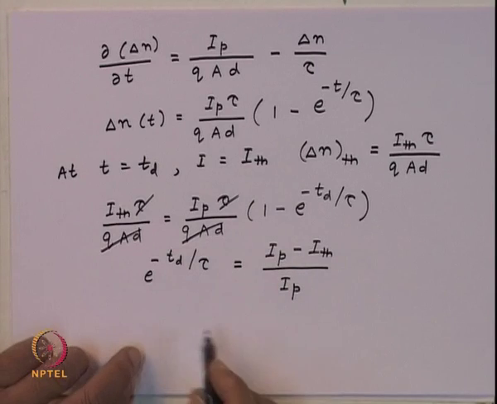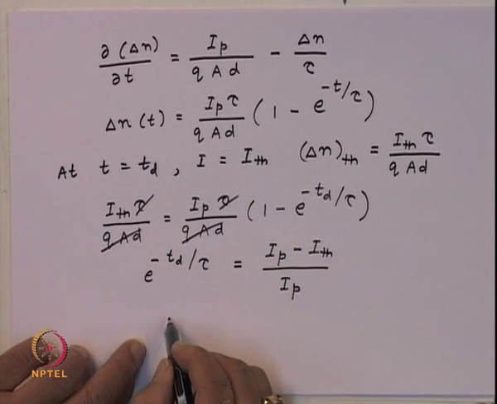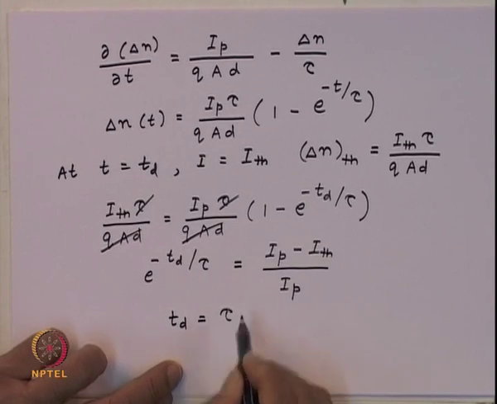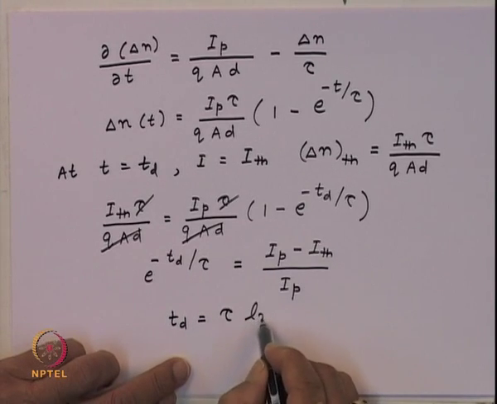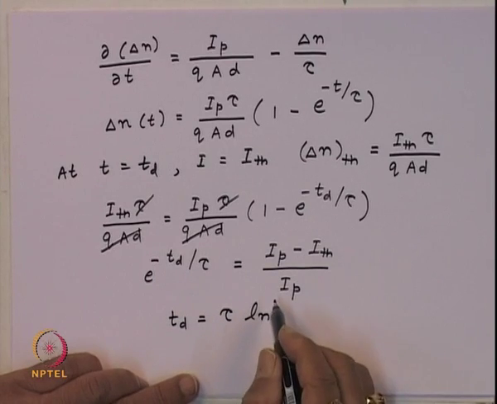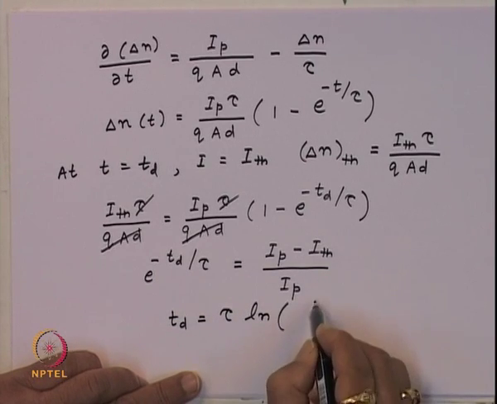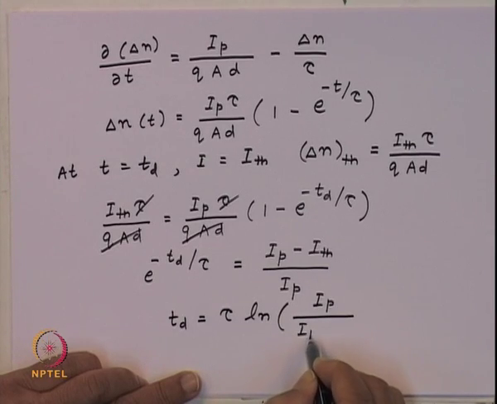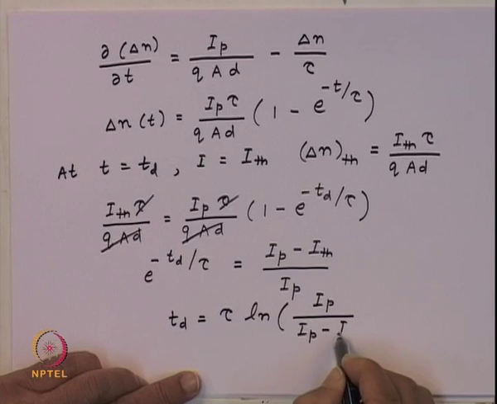Just inverting this, and taking log on both sides, we get the delay t d equal to tau ln I p divided by I p minus I threshold.